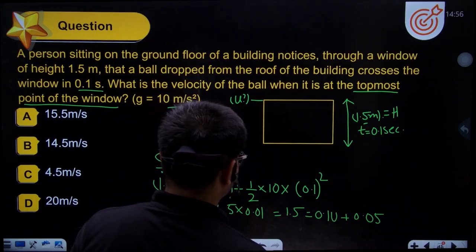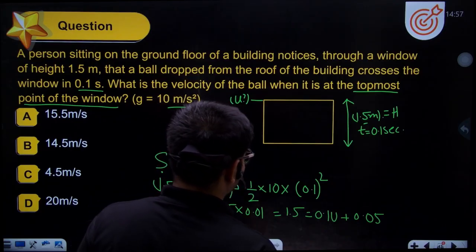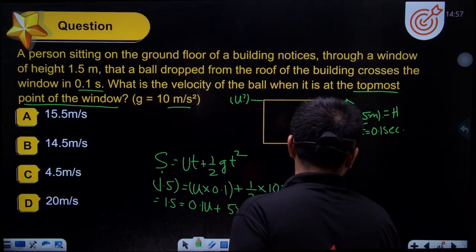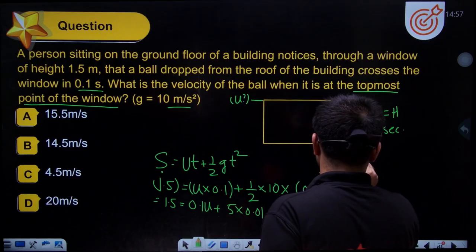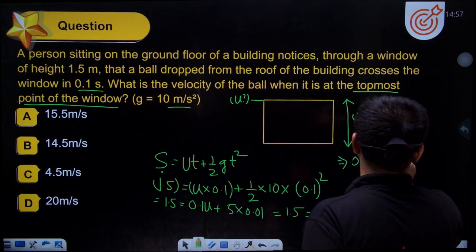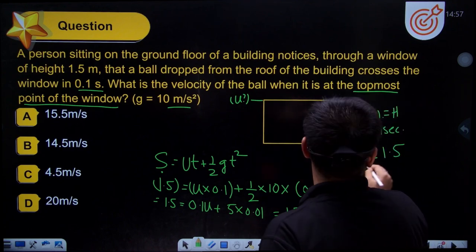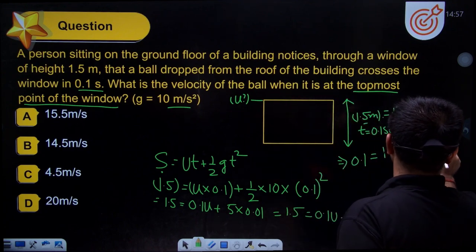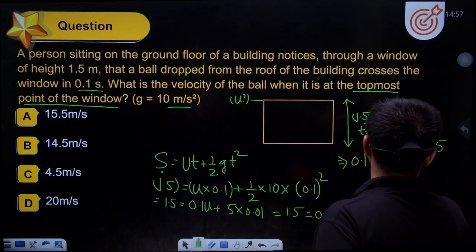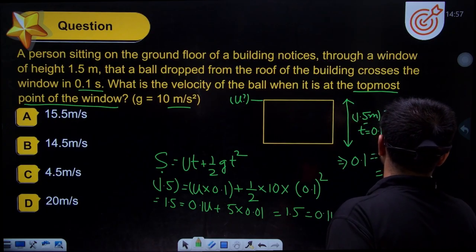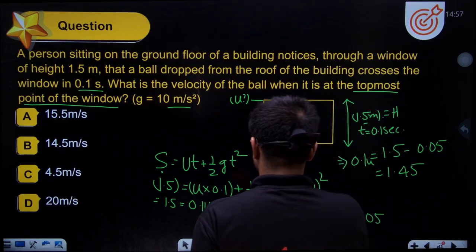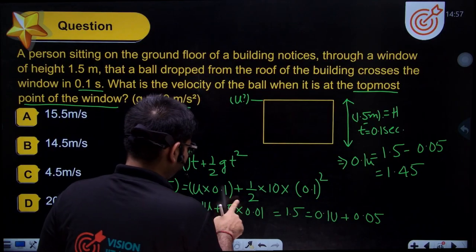So 0.1 u is equal to 1.5 minus 0.05, which is 1.45. That is 0.1 into u.